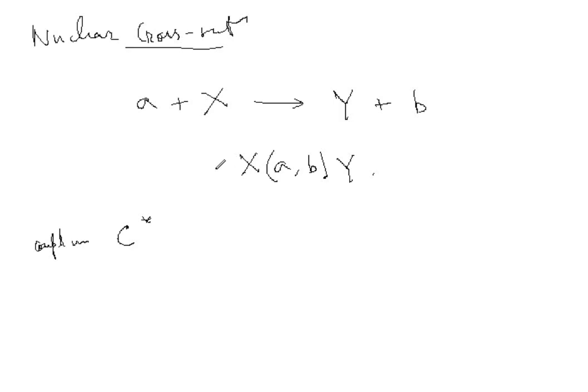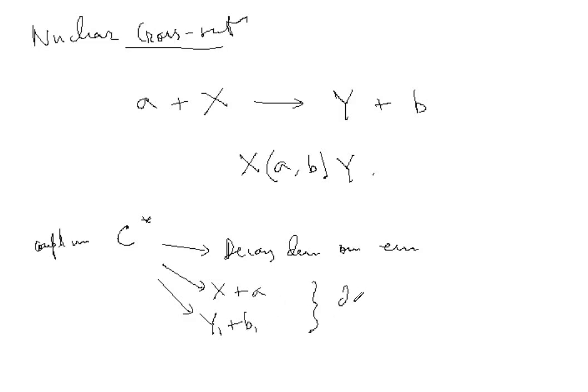Now the decay then depends only on the energy. Now there are several possible channels, each having different probability of decay, right? So we can have this channel X plus A, or we can have Y1 plus B1, another channel. So various channels or output possibilities.